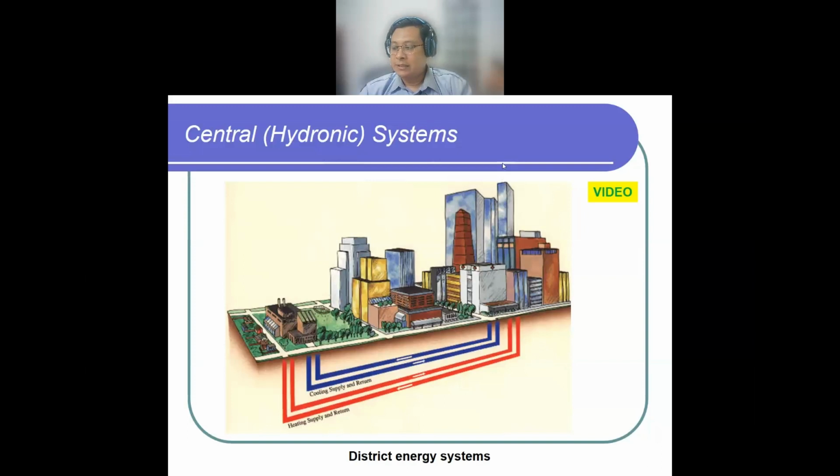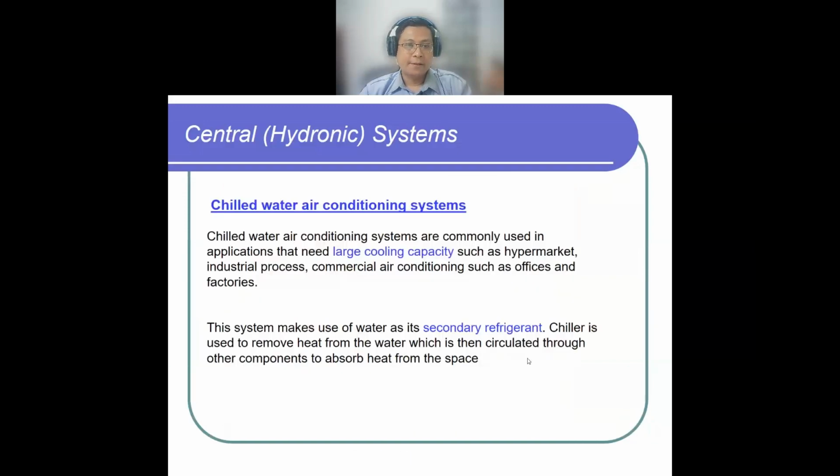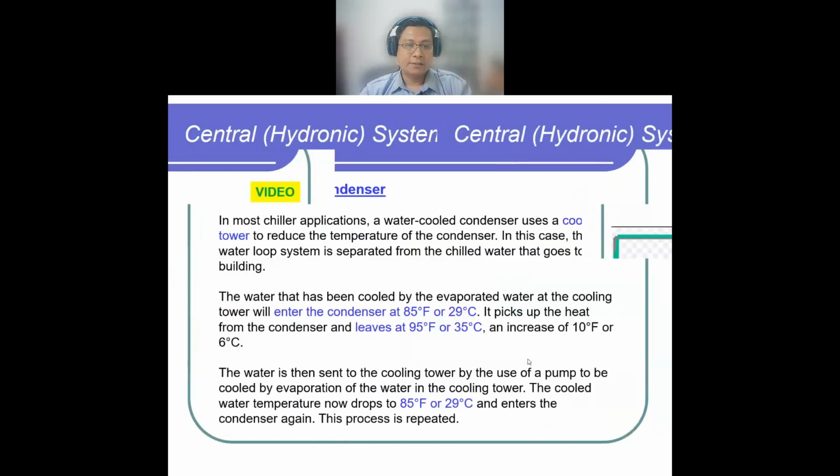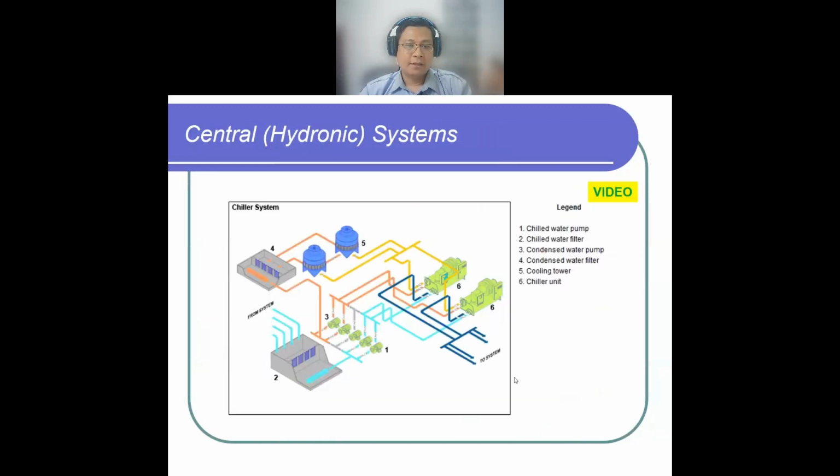If you go to Sunway City, nearest is Sunway Pyramid, which is one of the buildings. Other buildings nearest to Sunway are the university, and then hotel, hospital. So Sunway is provided by a central hydronic system with chilled water, and so on. This is one type of water distribution.